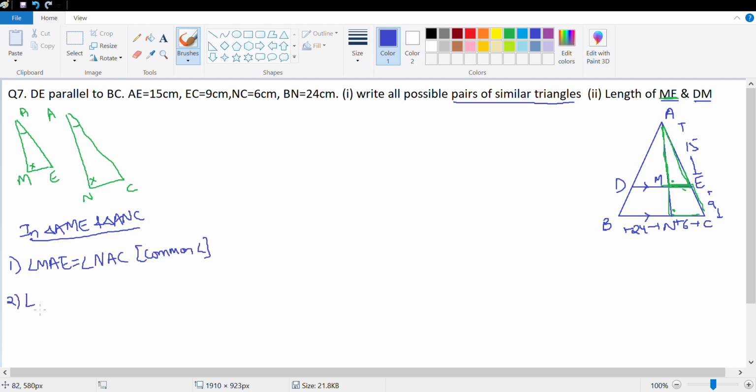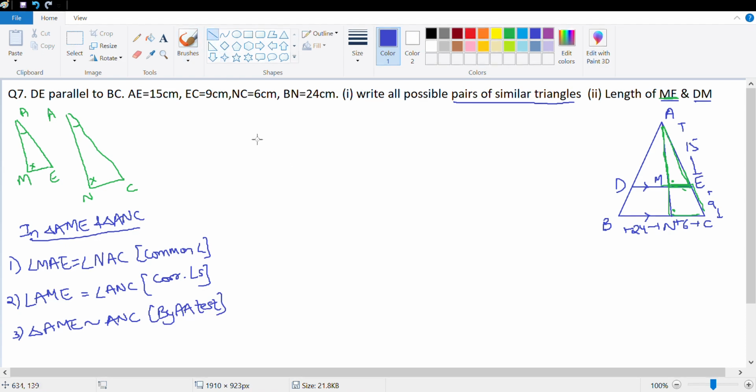And number 2 would be angle AME is equal to angle ANC. These are corresponding angles. Number 3 would be triangle AME is similar to triangle ANC by AA test.